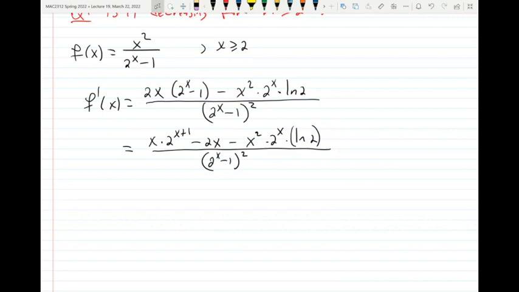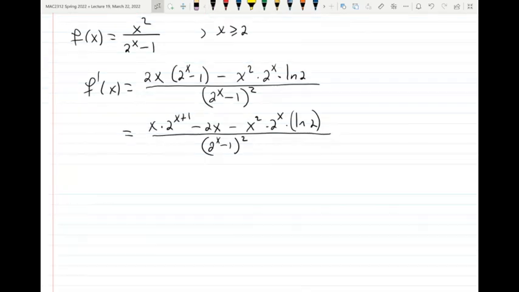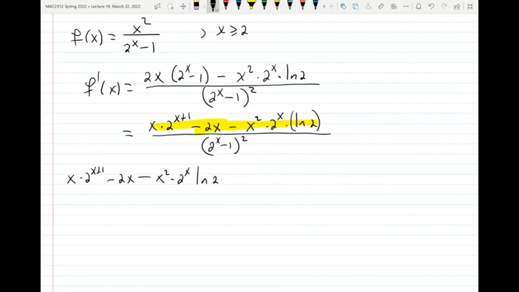Right. All right, so let's see what can we do here. There is this x that I can take out for sure. Let me try this. I'm just going to take that numerator and play with that. So we have x times 2 to the x plus 1, minus 2 to the x, minus x squared times 2 to the x ln of 2.